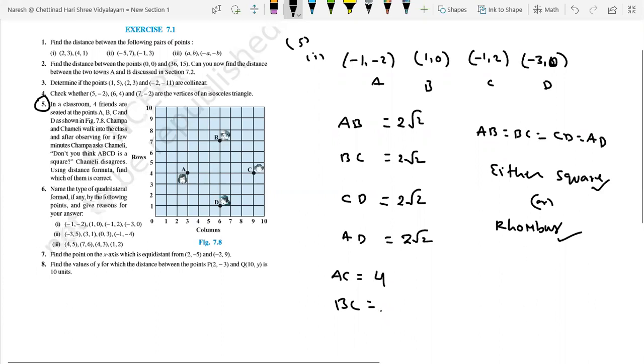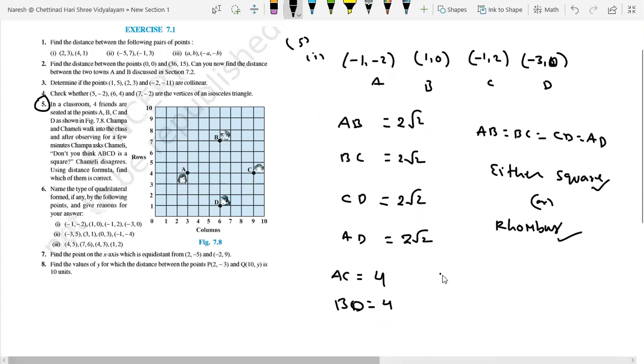And what about BD? Sir, BD also is 4. This is also 4. So from this data, what can I say?